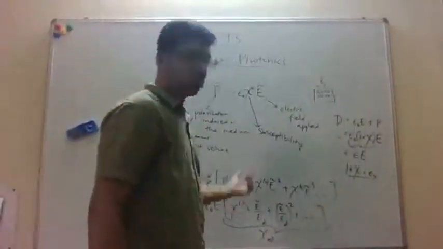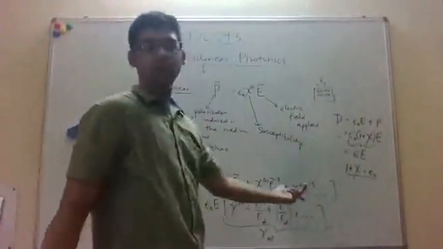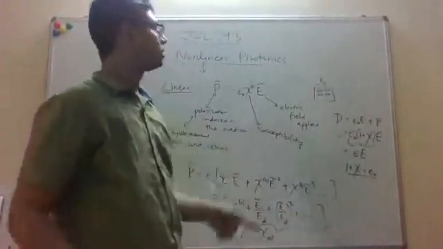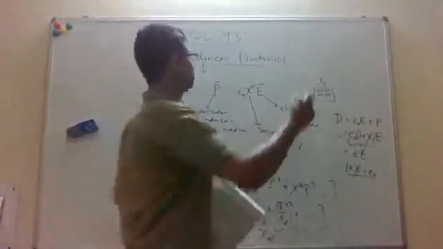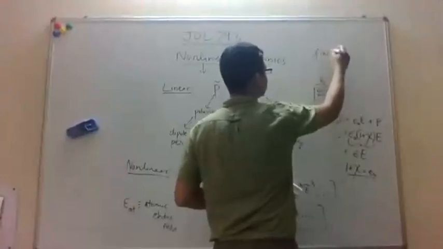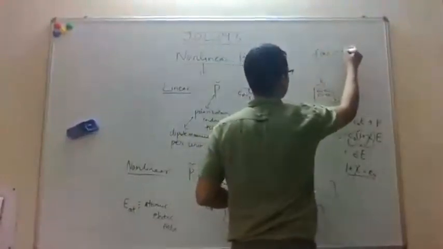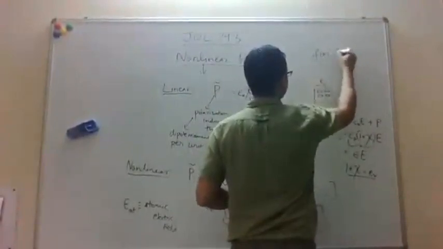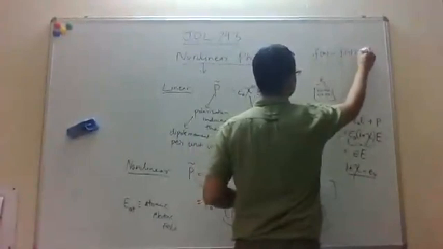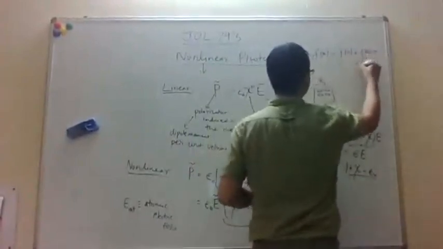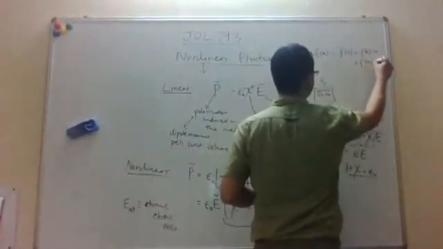So you know that Taylor series expansion we can do when the argument is small, right? So you can do a Taylor expansion of some function f of x as, let's say I'm Taylor expanding about 0, so then f of 0 plus the first derivative times x plus second derivative times x square.